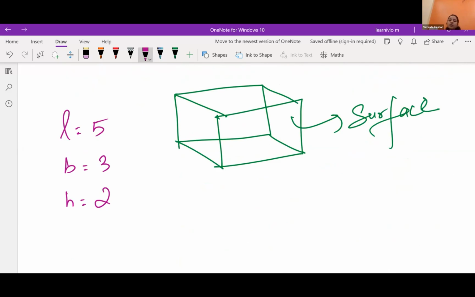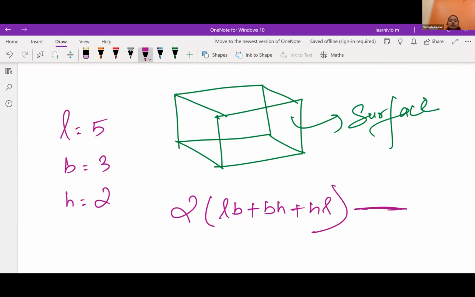So this time we will take the surface area formula, length into breadth, breadth into height, height into length. But this is the total surface area. Here we need to subtract the top part area. The top part involves length and breadth, so L into B we need to subtract. Yes or no?